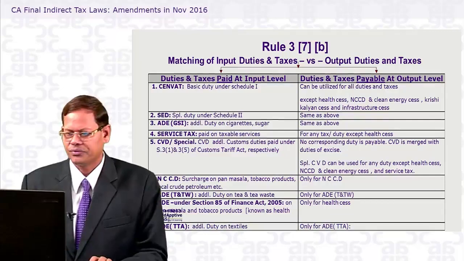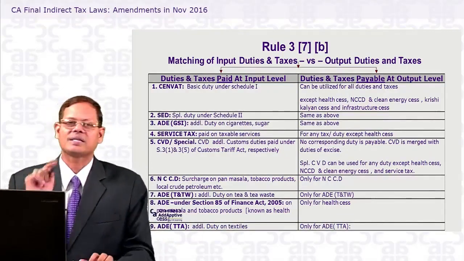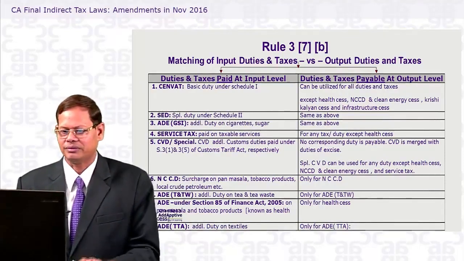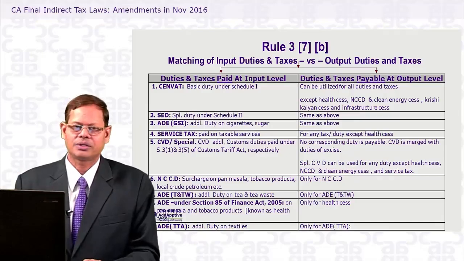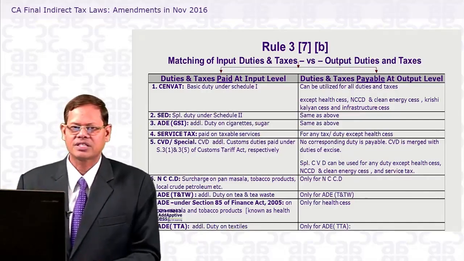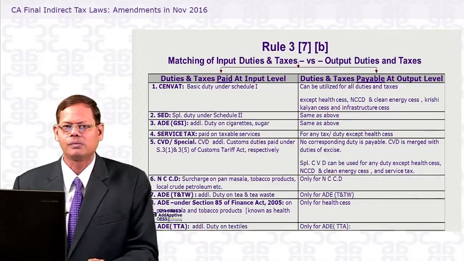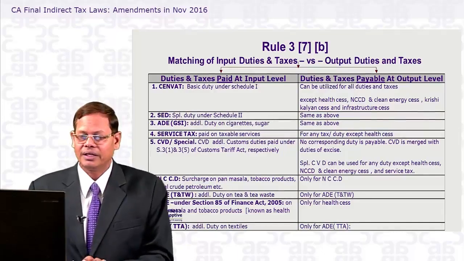On the right hand side, if you see, they can be utilized for all duties and taxes except, and this exception is very important, except health cess. It means to pay health cess you can't use them, and to pay NCCD, national calamity contingent duty, no. Earlier there was some relaxation. Earlier what was there?